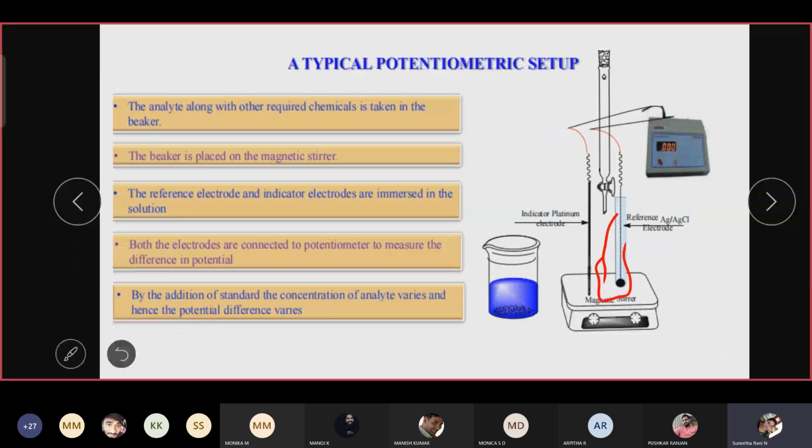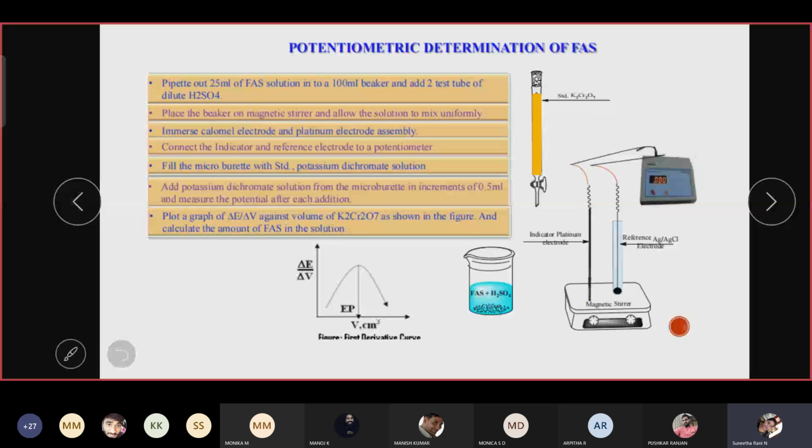As soon as you immerse the electrode, the instrument shows some potential that you noted down. After that, you keep on adding 0.5 ml, it displays some potential that you noted down, right? Once you noted the potential, you plot del E by del V. The volume of potassium dichromate you have added is on the x-axis, and del E by del V on the y-axis.